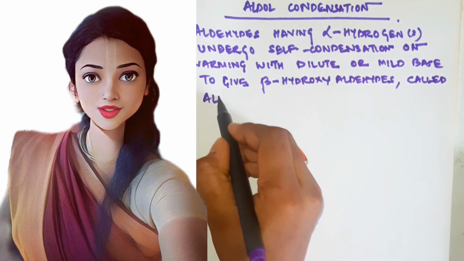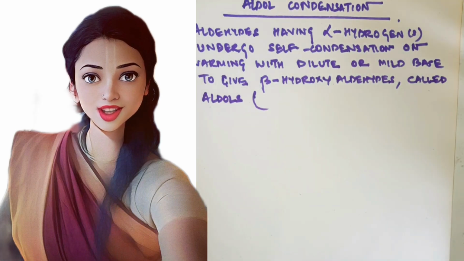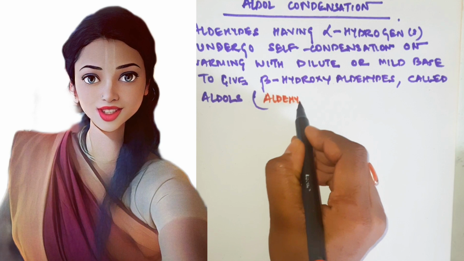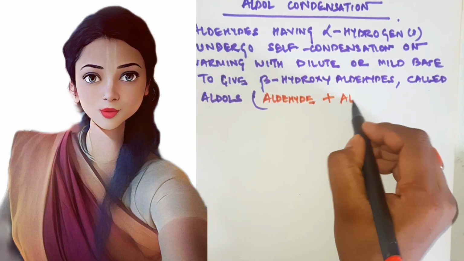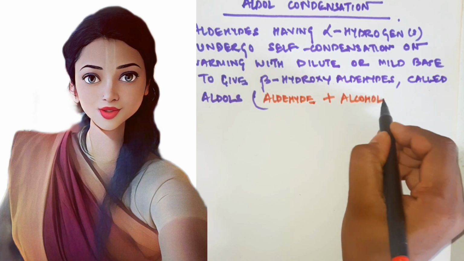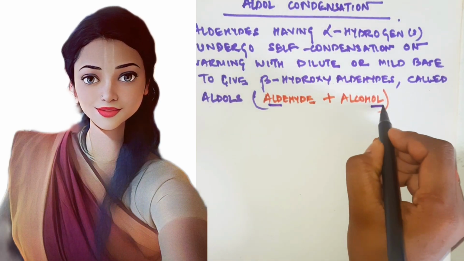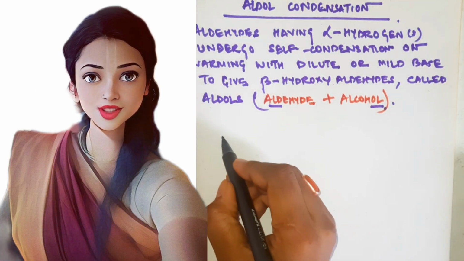Then you are going to get a product which is a beta hydroxy aldehyde. The alpha carbon is the carbon adjacent to the carbon containing the functional group, and the next carbon adjacent is the beta carbon. So in the beta position you will have a hydroxyl group in the product.